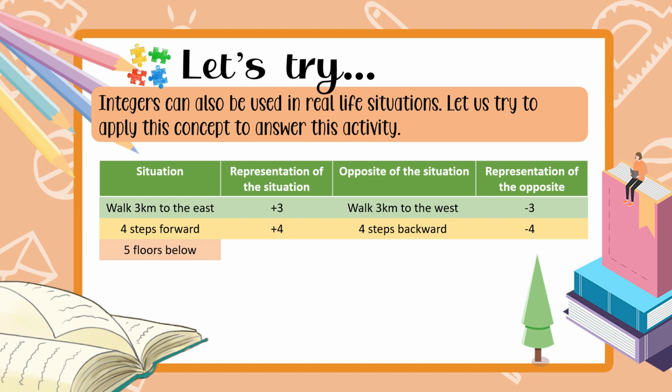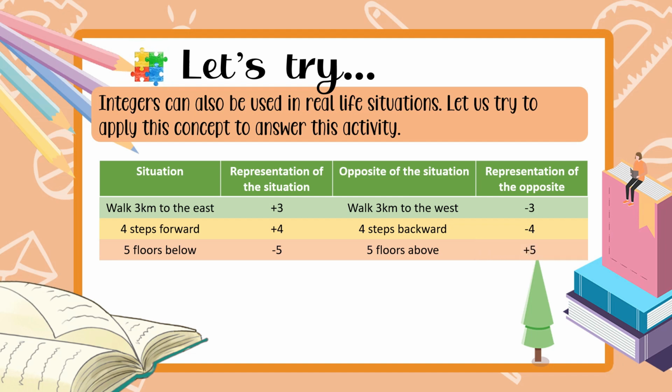How about 5 floors below? So, below, nasa baba. So, we have negative 5. And the opposite of the situation is 5 floors above. The representation of the opposite is, kung negative 5 yung isa, yung opposite niya is positive 5. Next, 10 pesos profit.